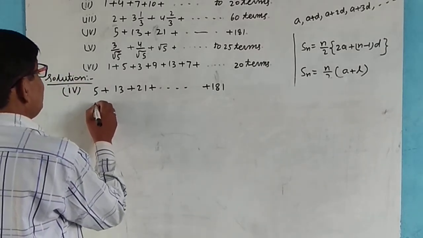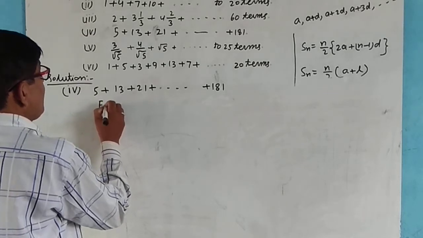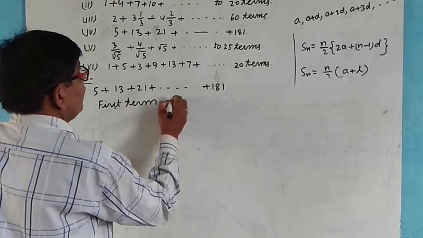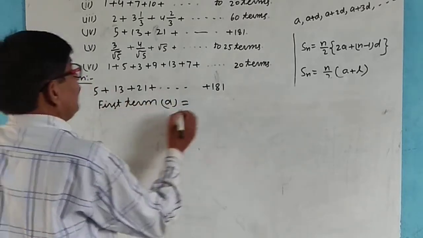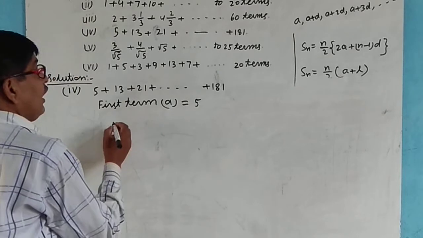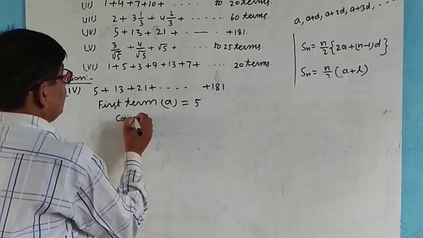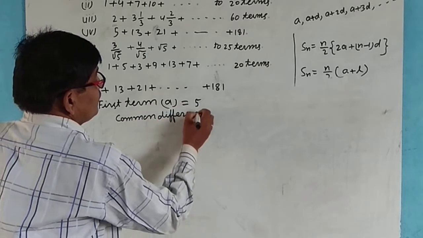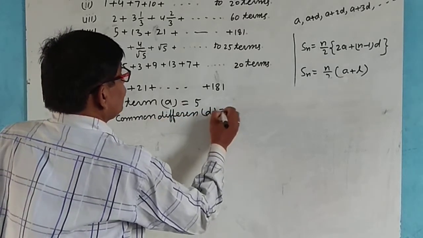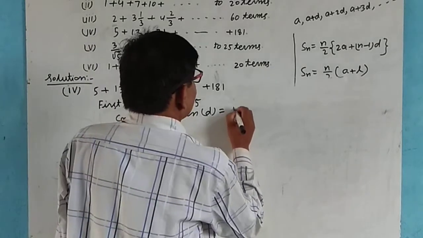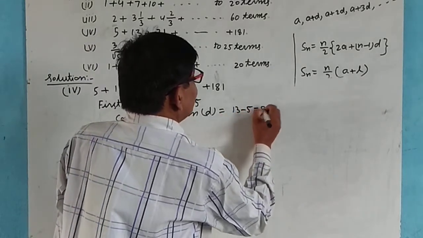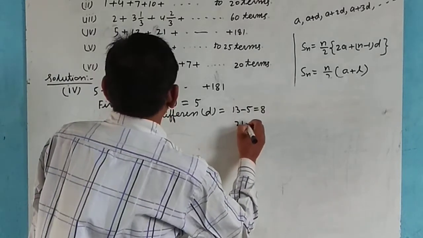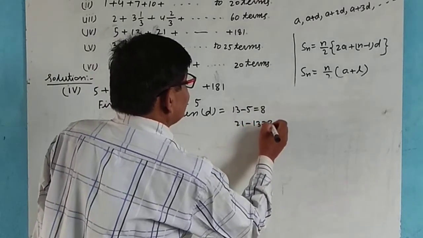Here first term a is equal to 5, common difference d is equal to 13 minus 5, that is equal to 8, or 21 minus 13, that is also equal to 8.